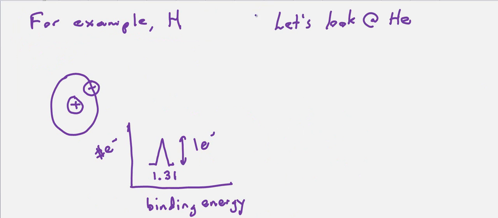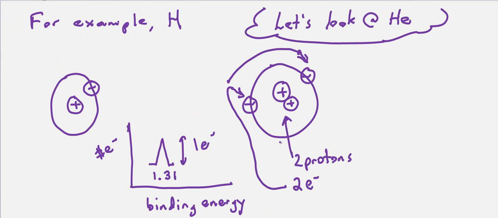Now let's take a look at the helium atom to compare to our hydrogen. Now in a helium, we'll notice the nucleus now has 2 protons, and the electron cloud contains not 1 but 2 electrons.